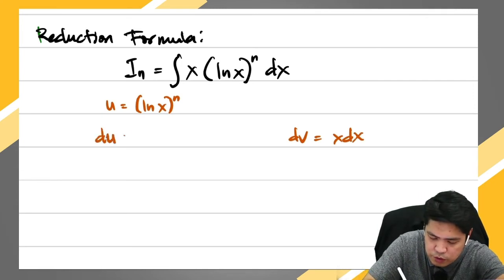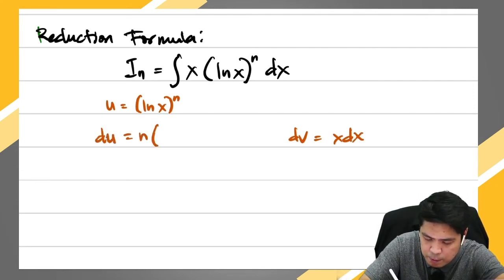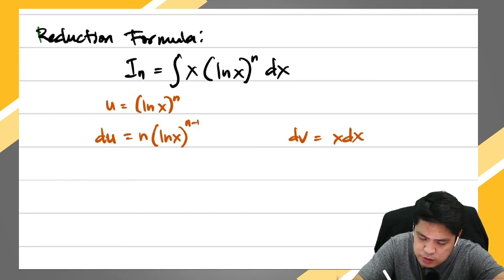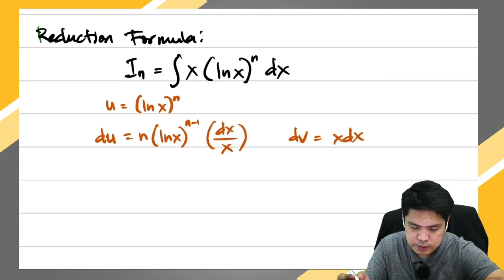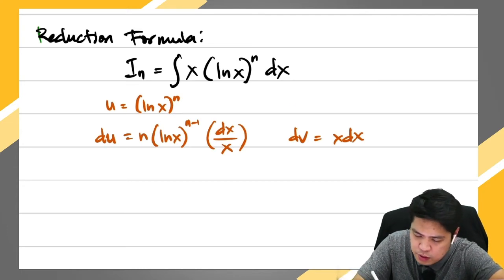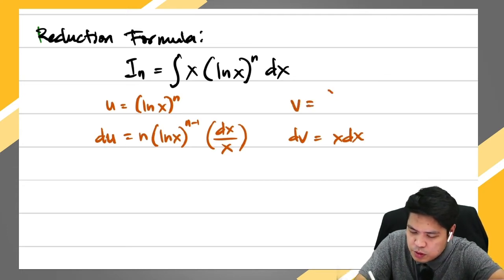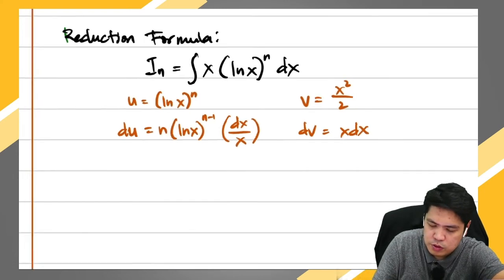So du will be n times ln x raised to n minus 1 times the derivative of ln x, that's dx over x. Okay? Then how about v? That would become x squared over 2.